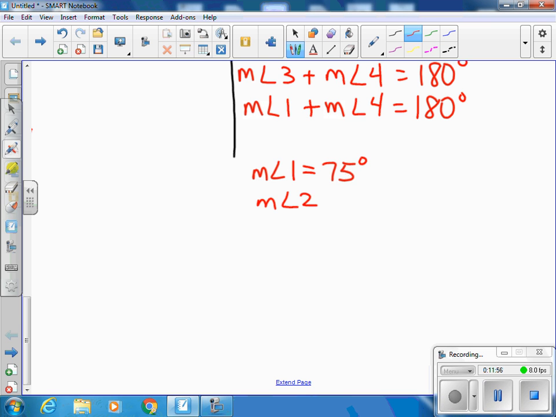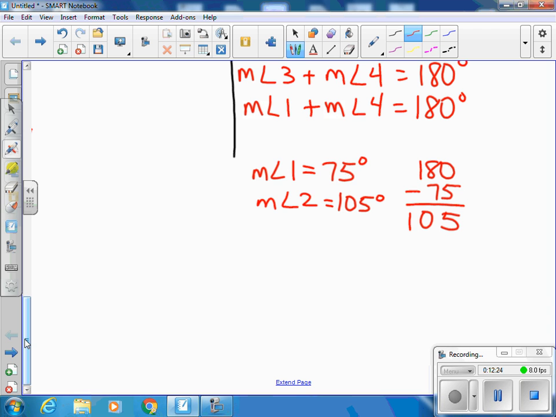So if you know that 180 is your total, subtract the number you do have, 75, and you get 105. So that means angle 2 has to be 105 degrees, because together these two have to total 180 or they're not supplementary. So keep that in mind. This is where we don't need a protractor. As long as you know that you have a number that totals 180, you're just going to subtract to get your answer. You don't need to measure anything.